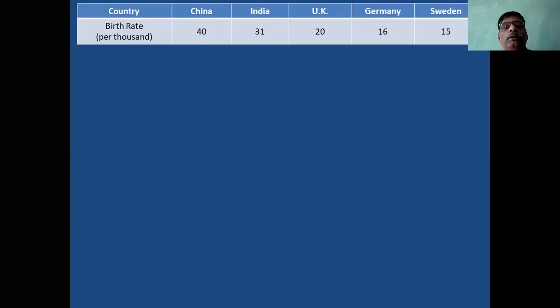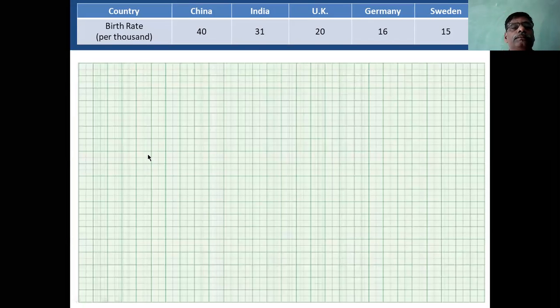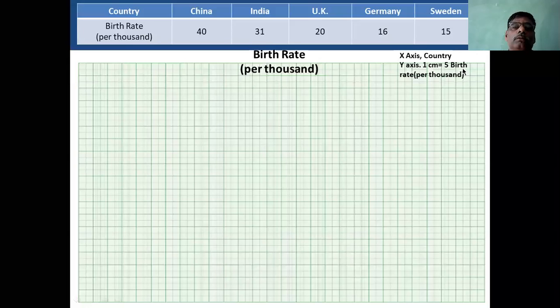To cover 40 points, you have to take the y-axis like this. You see here: birth rate in thousand, the heading of the graph. Then x-axis country, y-axis 1 centimeter is equal to 5 births.